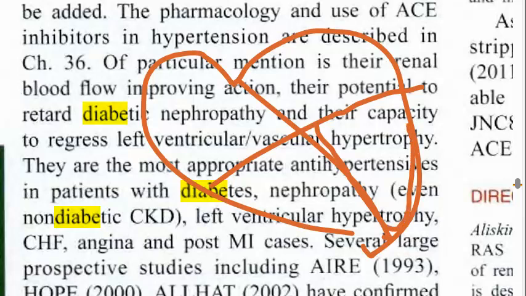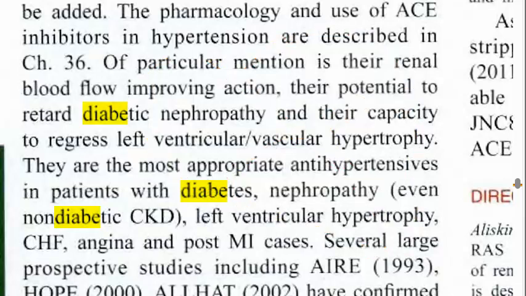The left ventricle has become hypertrophied. So in this case also, then you can give this ACE inhibitor. They are saying if the patient has angina, chest pain, if they have post myocardial infarction, that is post heart attack patients, CHF, that is congestive heart failure, all these people it is best to give ACE inhibitor.